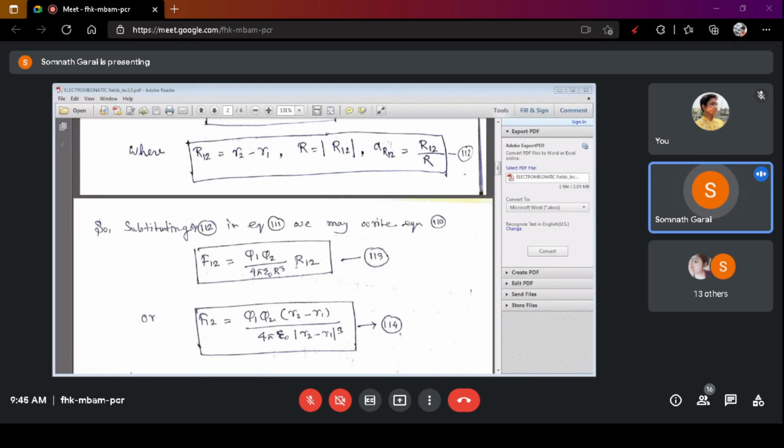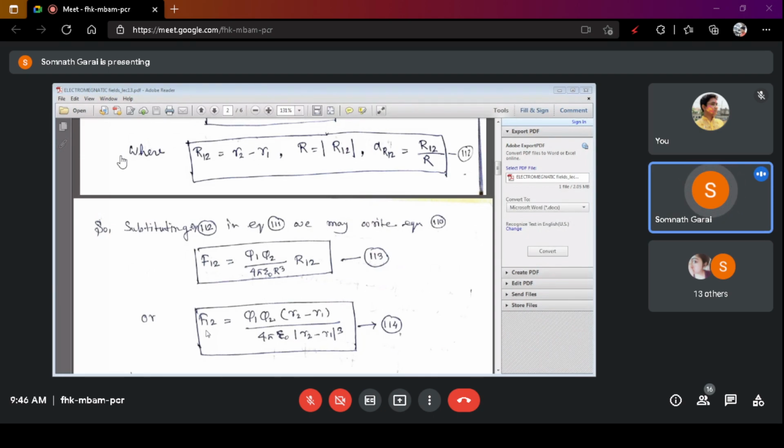Right? Now we know that R12 is equal to R2 minus R1. So we put R12 as R2 minus R1 divided by the mod of R12. The mod of R12 we define as root over of R2 minus R1 square. This R12 we specify with respect to the position vector, that is, vector divided by its modulus.